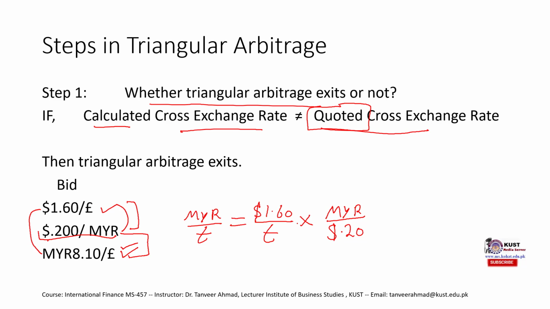Now what happens is that the dollar would be cut off, and we would have MYR per pound, right? The exchange rate that we want, we would have 1.60 by 0.20.